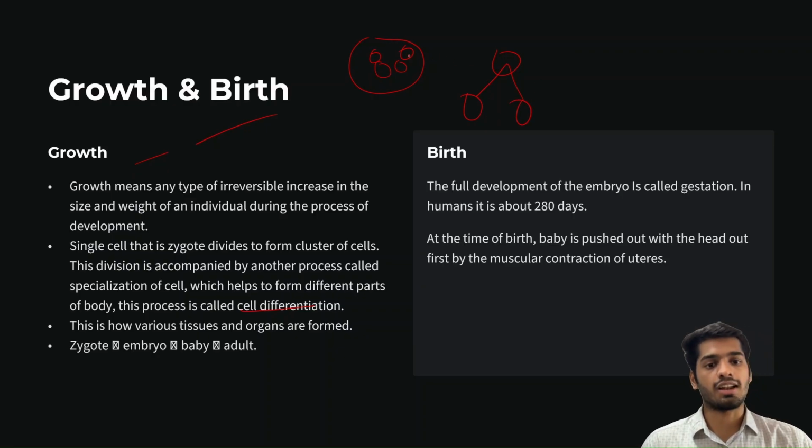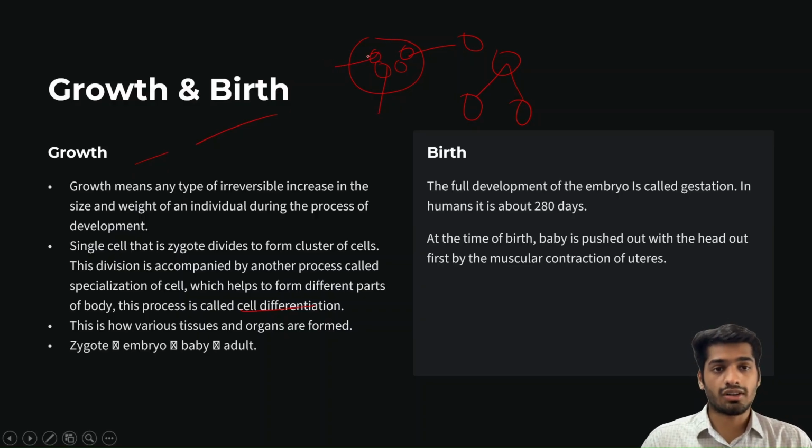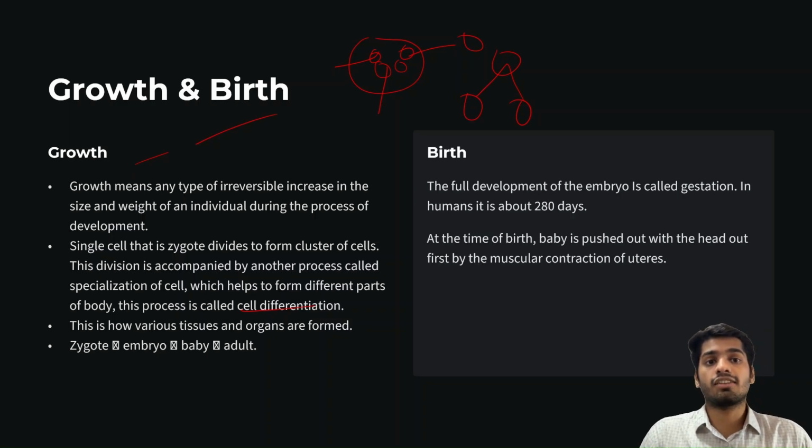It means one of these cells will decide to form organs like the brain. One of these cells will decide to form the heart. One of these cells forms the kidney. So now these cells are not just dividing, they are differentiating. They will be forming different types of organs and tissues. So that is cell differentiation.